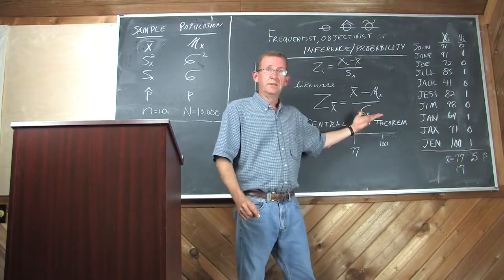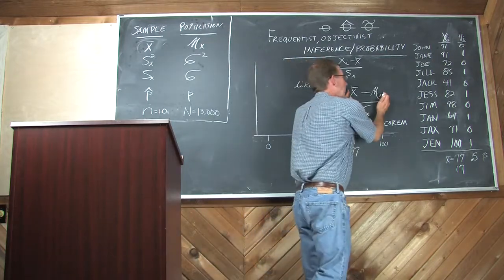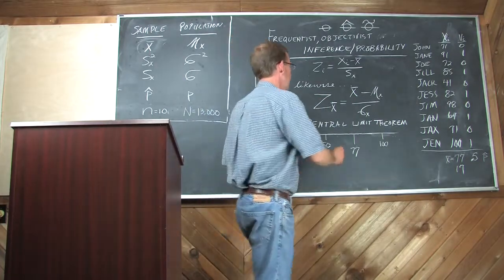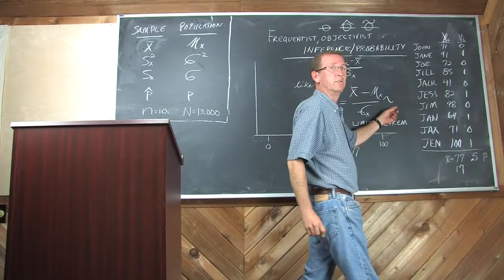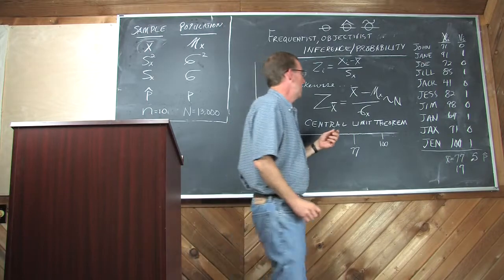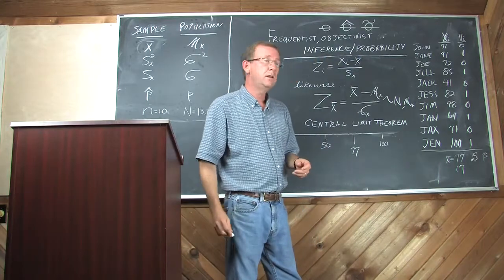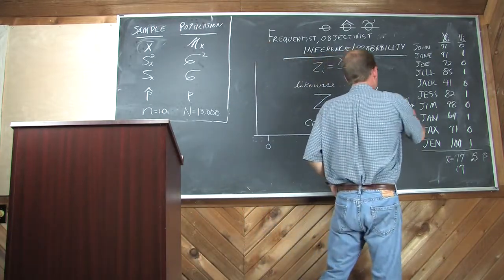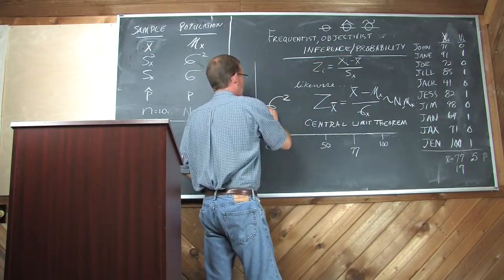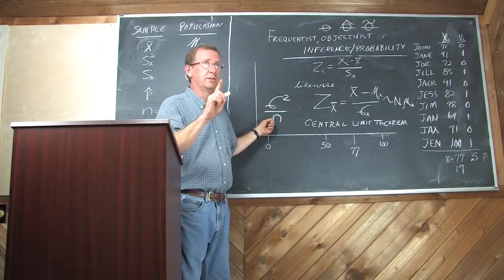The central limit theorem tells us that this quantity is normally distributed. And importantly, it's not just normally distributed: I'm going to write that squiggly, meaning capital N, normally distributed, with mean equal to the population mean, and variance, critically, equal to the population variance divided by, this is critical, the sample size.